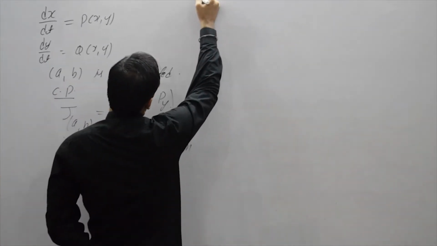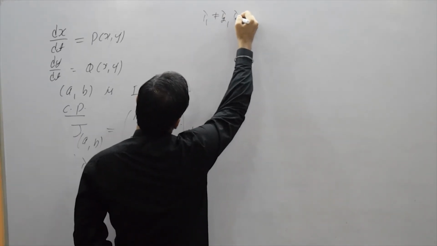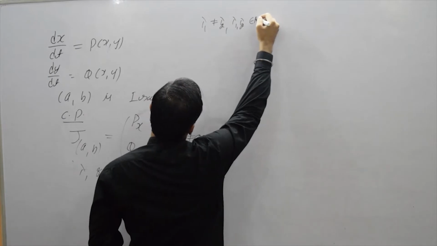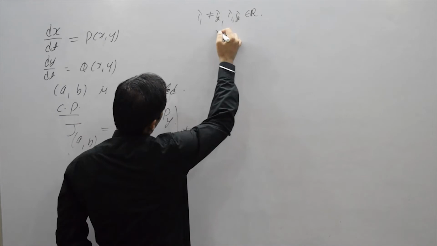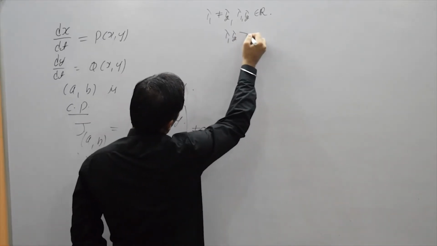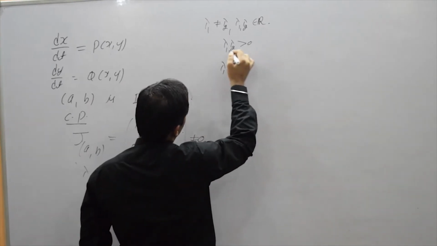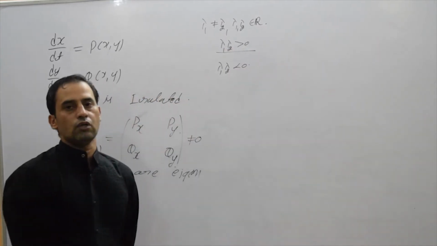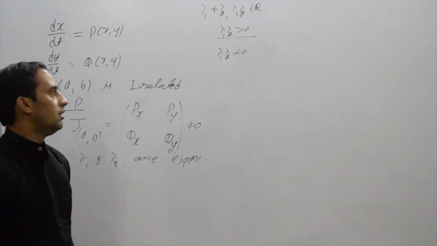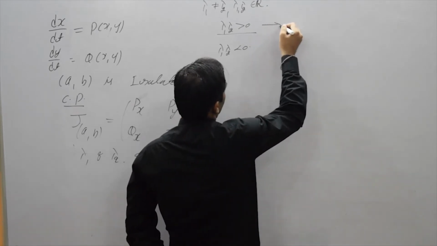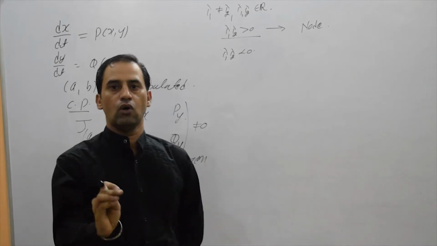First case: whenever lambda 1 is not equal to lambda 2 and both belong to the real line. Then either lambda 1 times lambda 2 is greater than 0, which means both roots have the same sign, or lambda 1 times lambda 2 is less than 0, which means the roots have different signs. In the first case, the critical point is a node for both linear and non-linear systems.